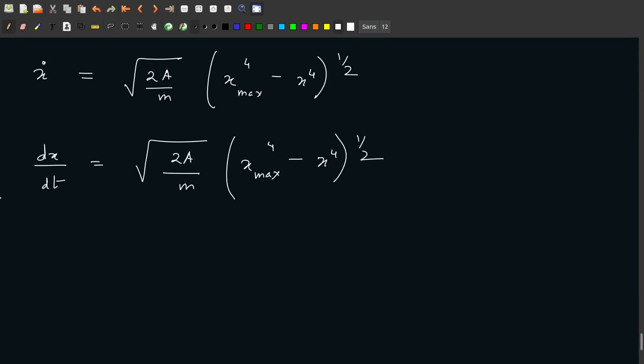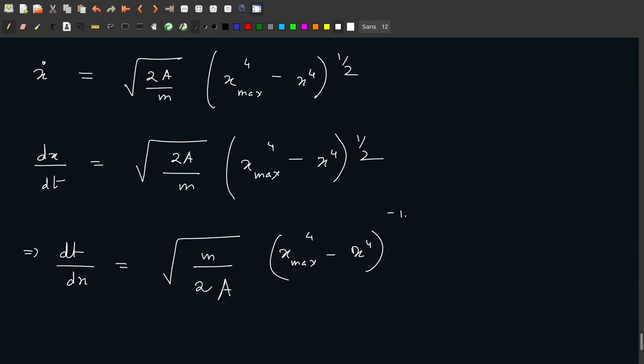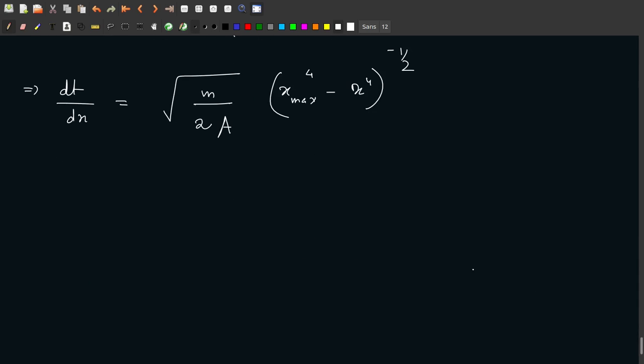So this dx dt is equal to that, and your dt by dx is equal to root over of m by twice a into x max to the power 4 minus x to the power 4, to the power of minus half. Good enough. So let me just go ahead with the calculations and not say anything more.